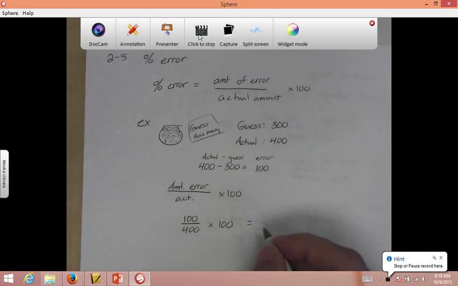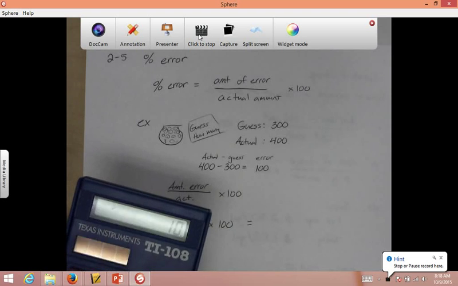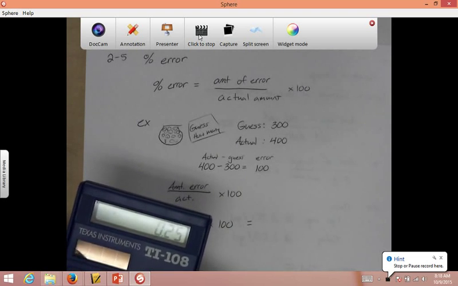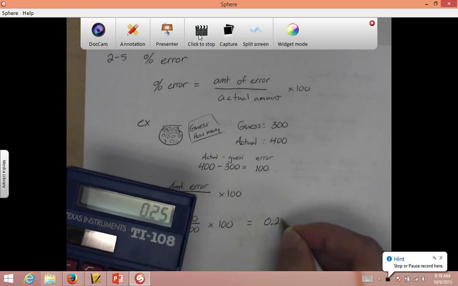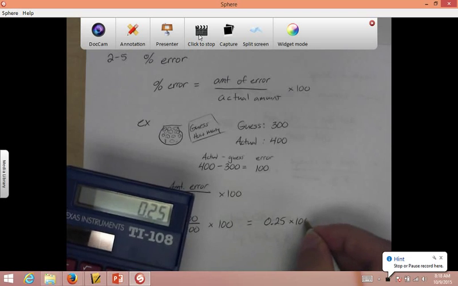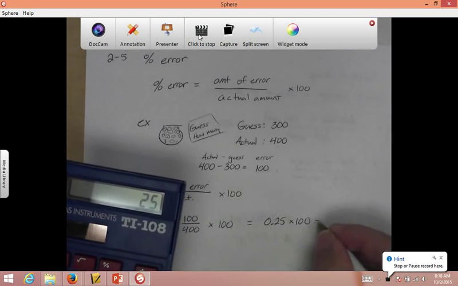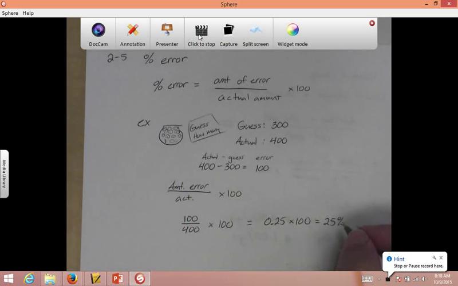So, what's 100 divided by 400? 0.025. And to make that into a percent, I multiply by 100. Means we were off by 25%. So there was a 25% error.